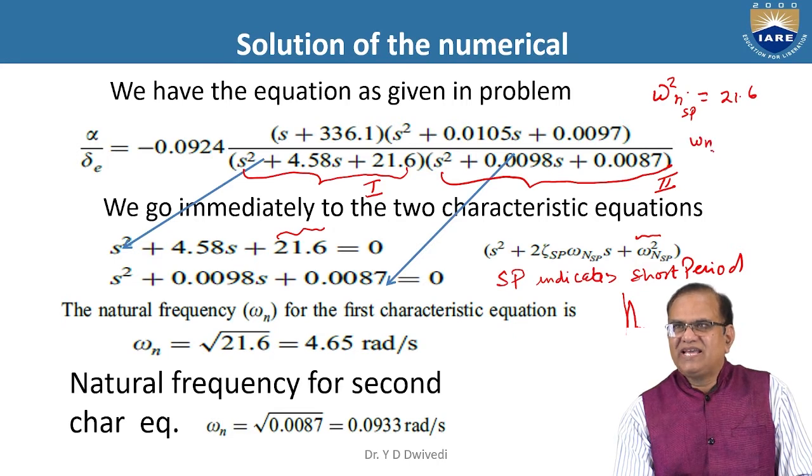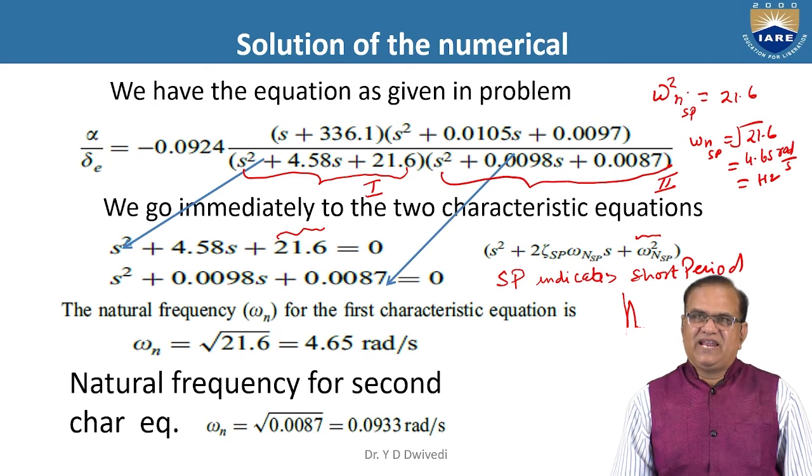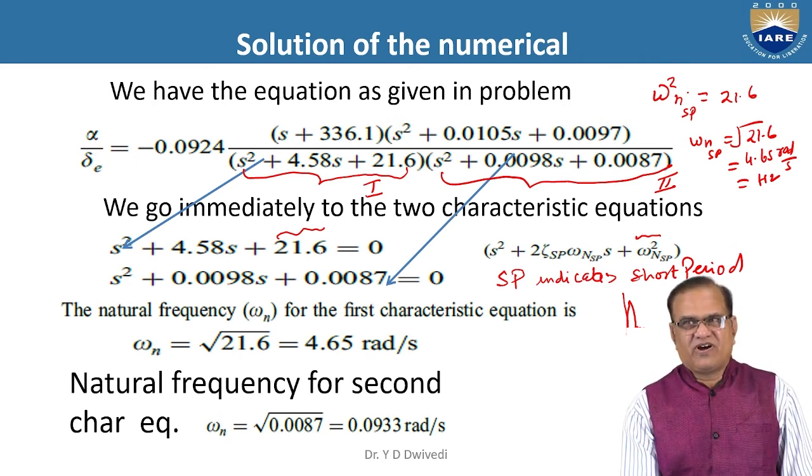So omega n SP is equal to under root 21.6, and this will give 4.65 radian per second. So this we got for omega n for the first characteristic equation.